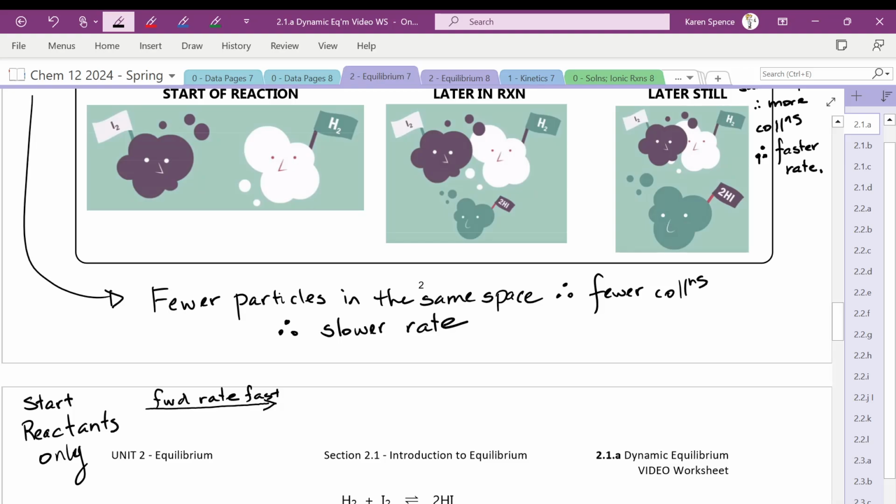It's not just slow, it is... What if I have no products? So what is my reverse rate at the very start? I have 0, okay? The reverse rate is not happening. Reverse rate equals 0. So that's at the start.